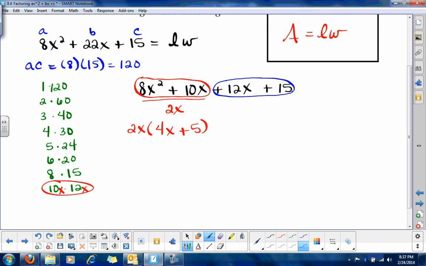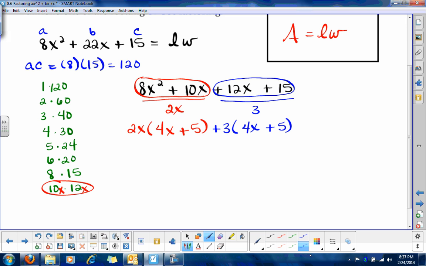And then for the second group, we can factor out, how about 3? Factor out 3. So plus 3 goes on the outside, and then we end up with 4x plus 5.